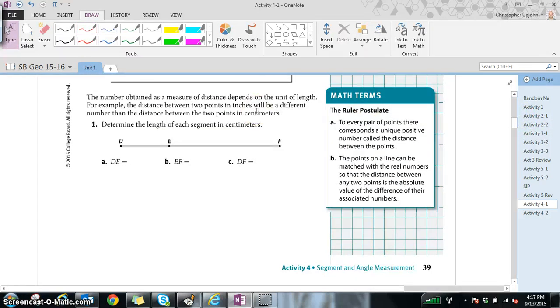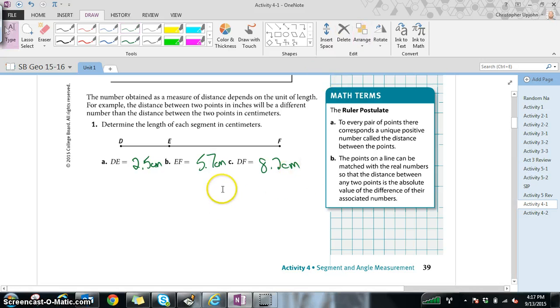So if we're going down here to look at number 1, determine the length of each segment in centimeters. I don't have a ruler that I can show on the computer, but I believe that we know how to use a ruler. So say that we get DE is 2.5 centimeters, EF is 5.7 centimeters, and DF is 8.2 centimeters.